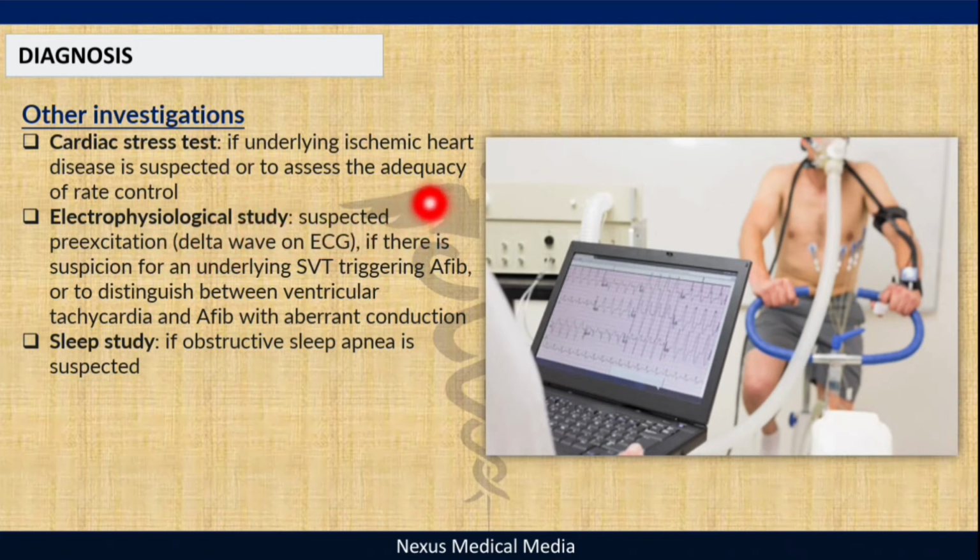This is used if suspected pre-excitation, thus delta waves on ECG, or if there is suspicion of underlying supraventricular tachycardia triggering AFib, or to distinguish between ventricular tachycardia and atrial fibrillation with aberrant conduction. Sleep study, right? So this one is definitely for obstructive sleep apnea if we're suspecting it.